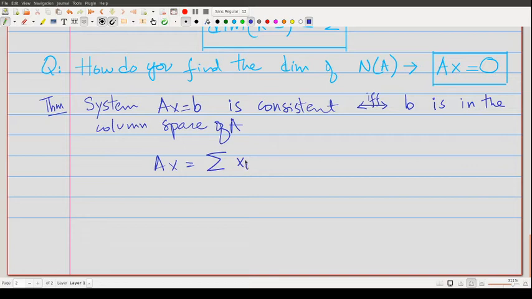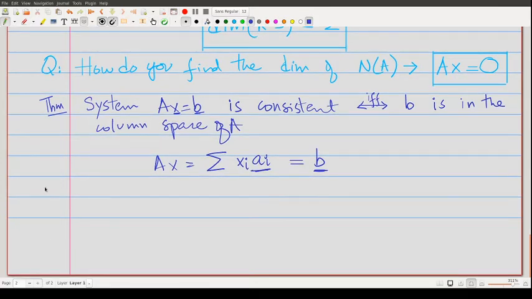So the sum of xi ai, where ai's are the columns of A, and since this is a linear combination, all we're saying is that B is in the column space. So the column space is given by the linear combinations of these columns, and so if vector B is in the column space, then you will have a solution. So consistent means having a unique solution.